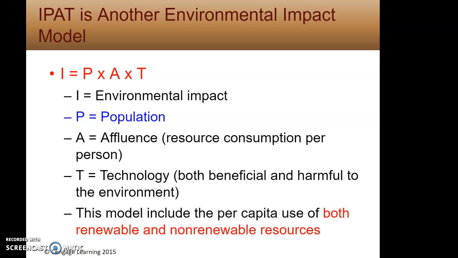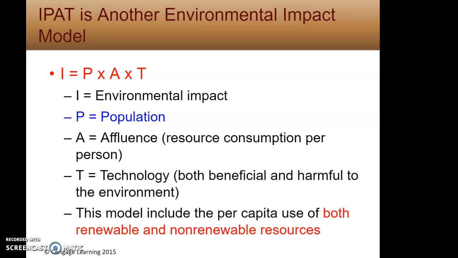There's another way to look at environmental impact. This model is called impact equals population times affluence times technology. So the P stands for population. The size of a population will affect the environmental impact. And the affluence here simply means how much natural resource you consume.